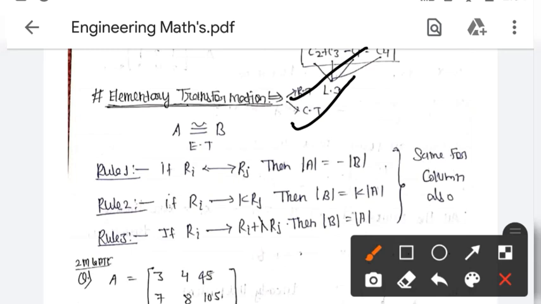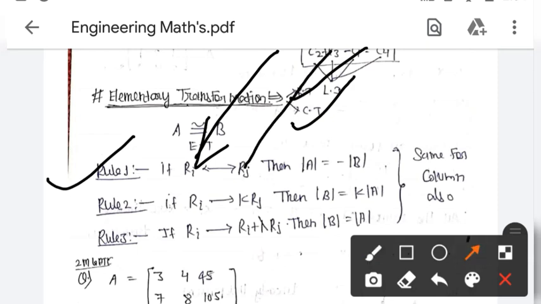First, elementary transformation could be either row transformation or column transformation. Rule number 1 says if we interchange any of the rows with another row, row i and row j, the determinant will become negative.